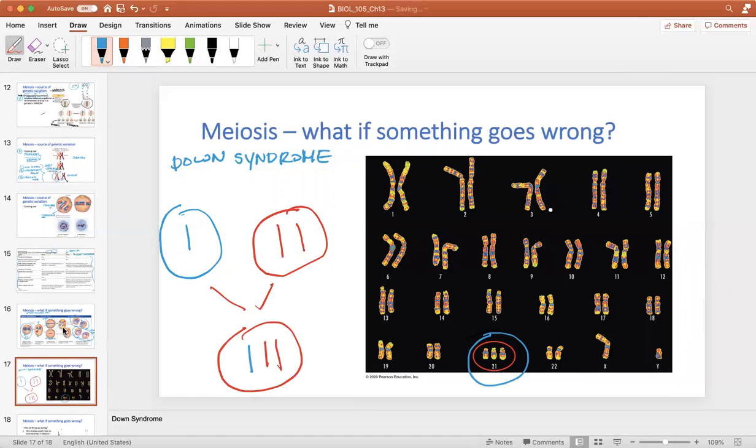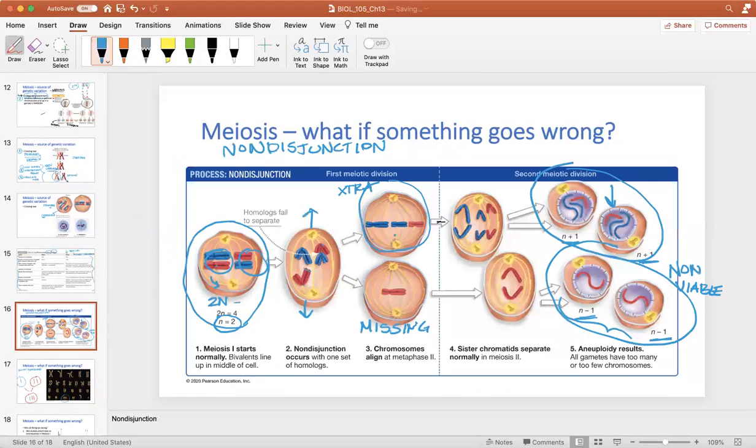Let's go back and look at how that could happen via non-disjunction. Can y'all see that when this egg was made, these 2 homologs here ended up in this cell?